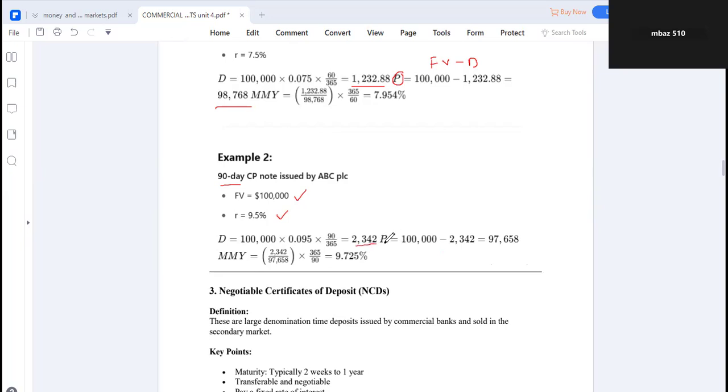Then the P is what? The purchase price, which is the difference between the face value and the discount, which is 97,000. Then we distribute this in the money market yield formula, which is discount over price times 365 over our time of 90 days, then we're going to get 99.7%. Are we together?